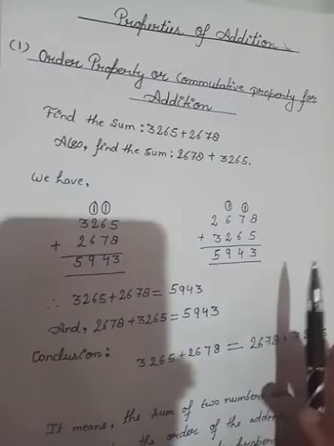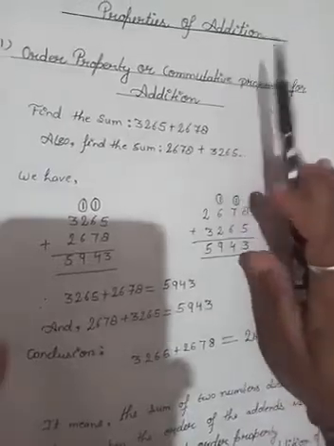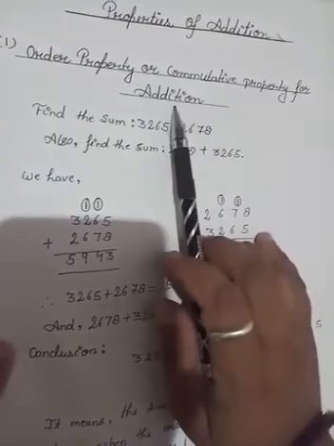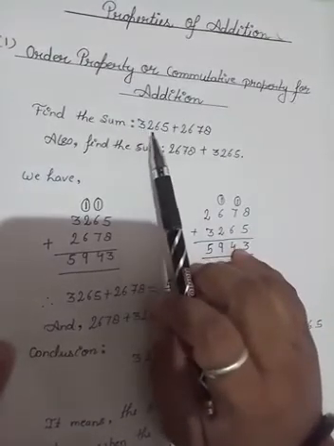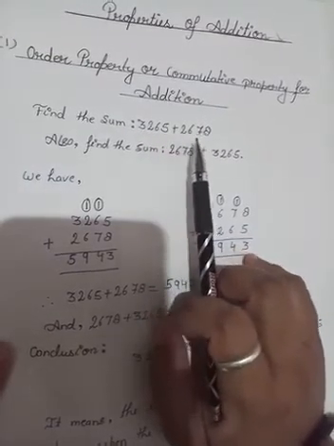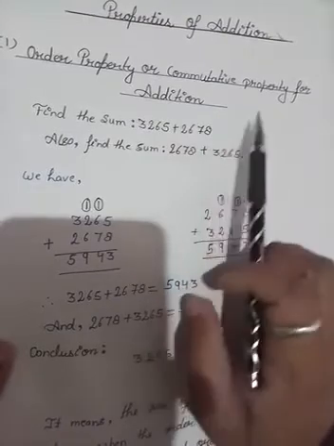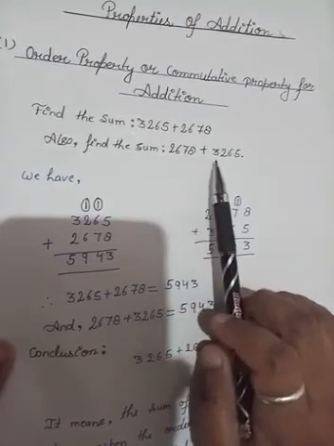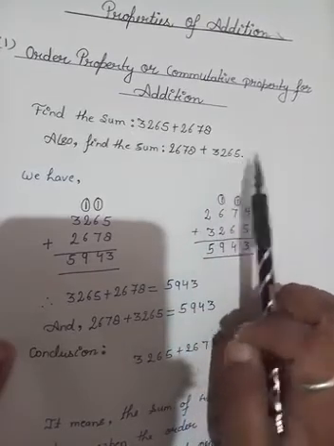Our next topic is properties of addition. First, order property or commutative property for addition. Find the sum 3265 plus 2678. Also find the sum 2678 plus 3265.